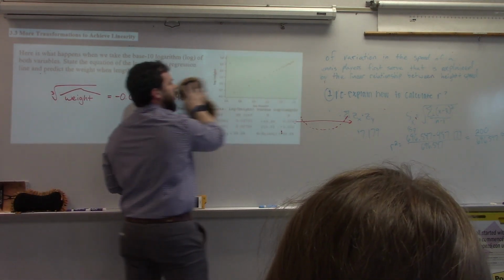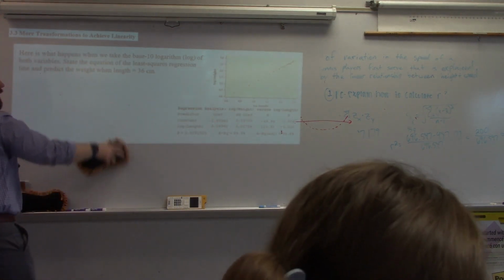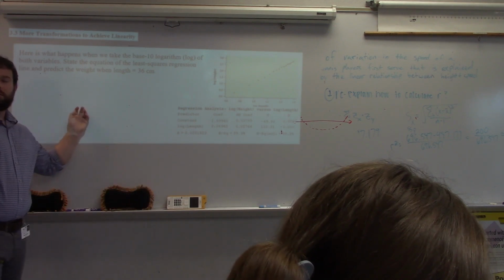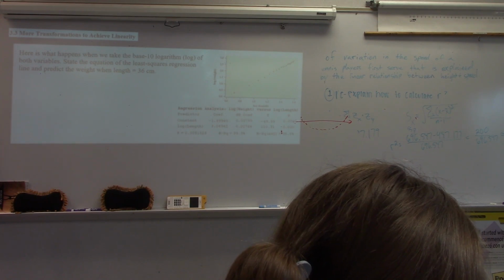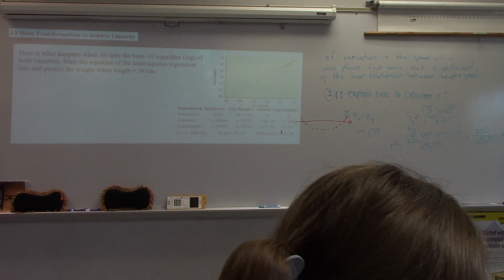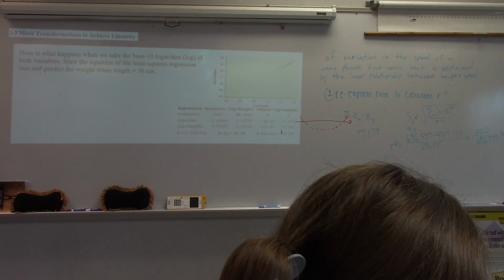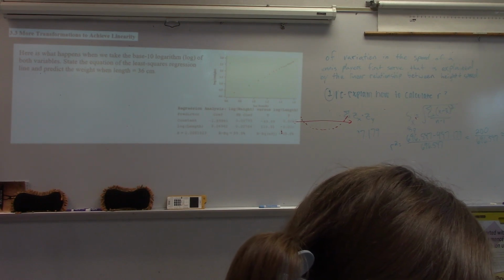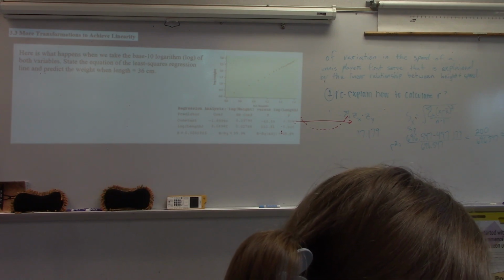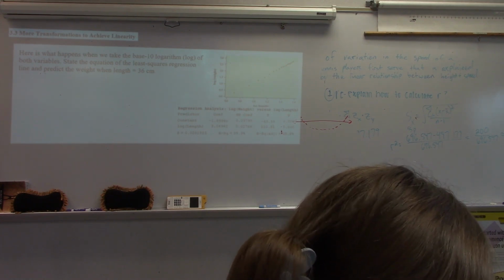So, last couple details. Notice, if you look at the very next one, after where it says progress check B, what did they do in the model for progress check B? They took the log of both variables. Did that linearize the data? Yeah. So is there just one set transformation that works? No, right?